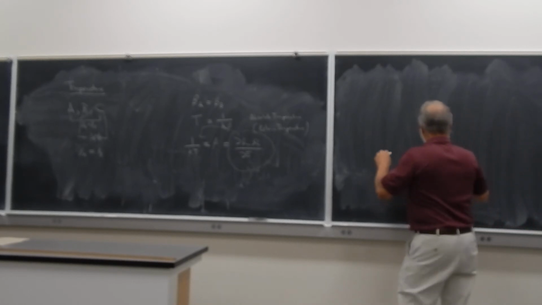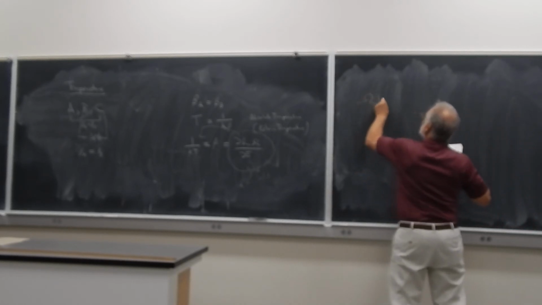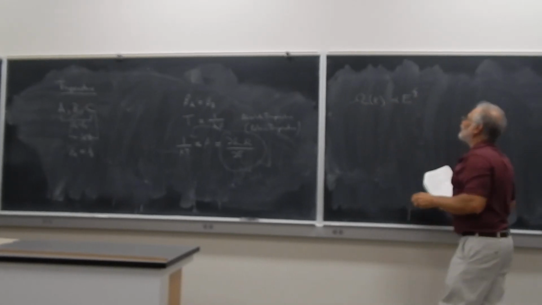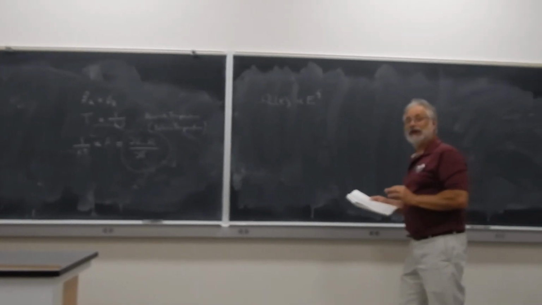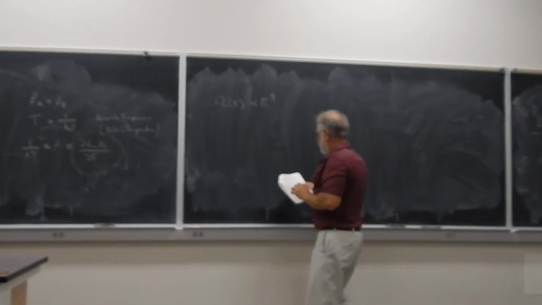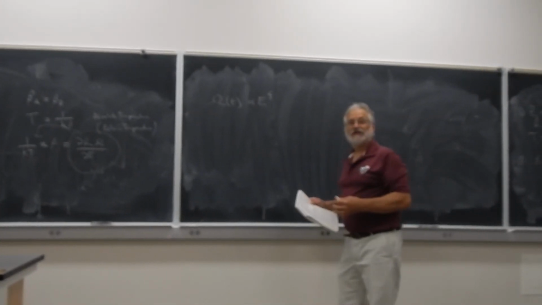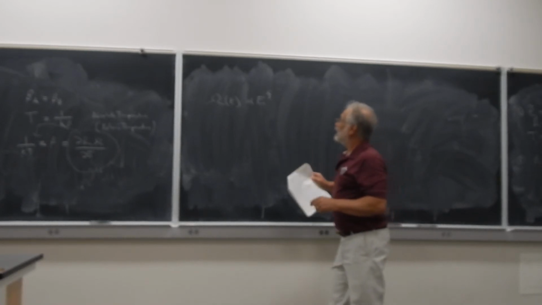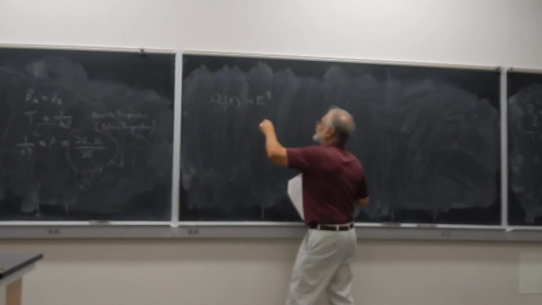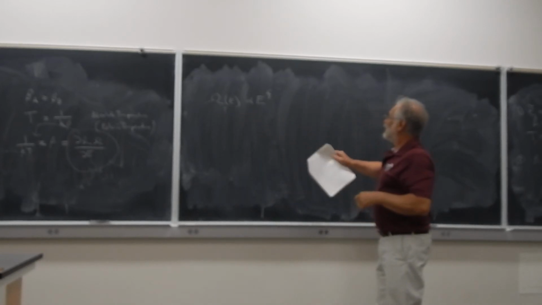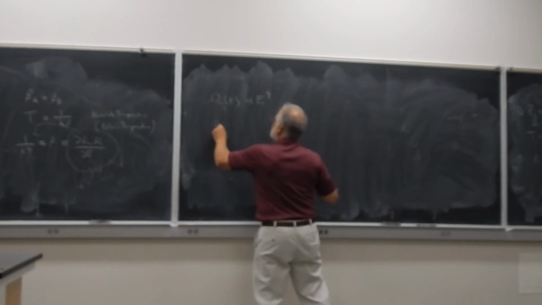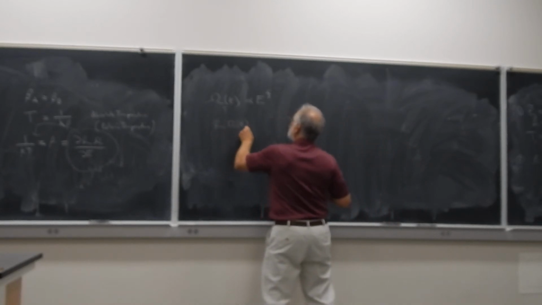One of the other things we want to remember is that omega of E is proportional to energy to the power of the degrees of freedom of the system. So that means that if F is a very, very large number, in other words, the system has many, many degrees of freedom, the number of accessible states is going to become enormous as energy gets larger. We can take this a step further. Let's take the log of omega.